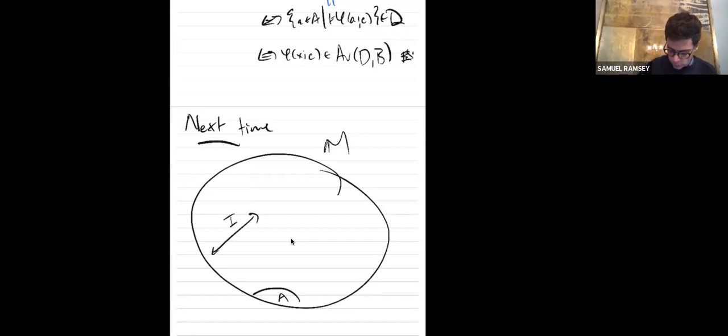So what we'll do is we'll fix some arbitrary ultrafilter D on I, and we'll use the ultrafilter to vote on the generic behavior of the sequence I, and we'll let J realize that.